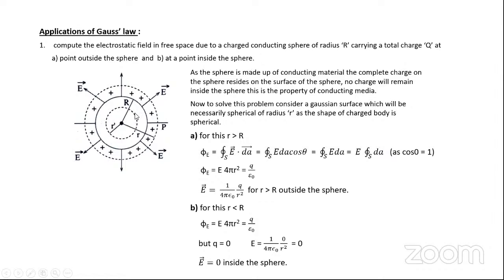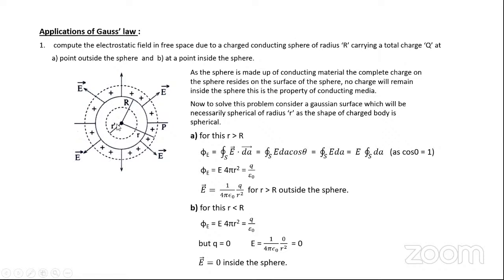So here we have a problem. What is the problem? Here we have a solid sphere, of course of conducting material, the radius of the sphere is capital R, and the total charge on this sphere is capital Q.